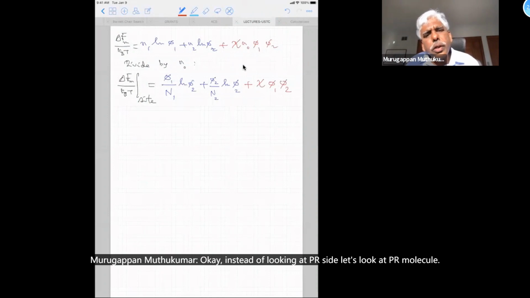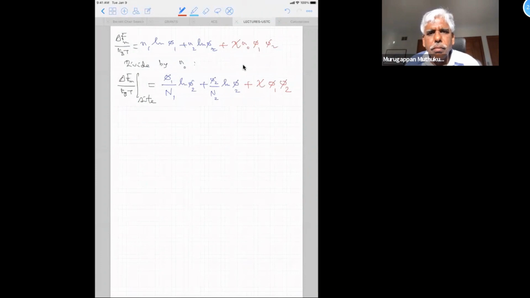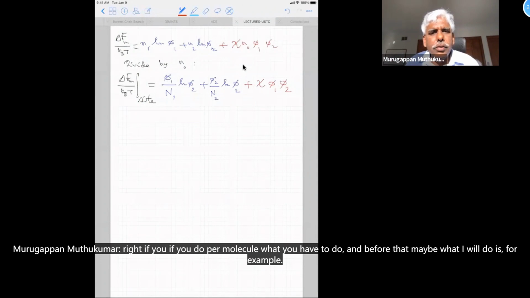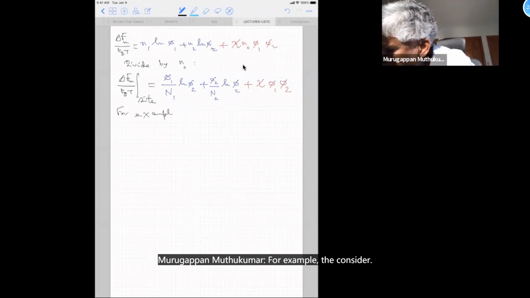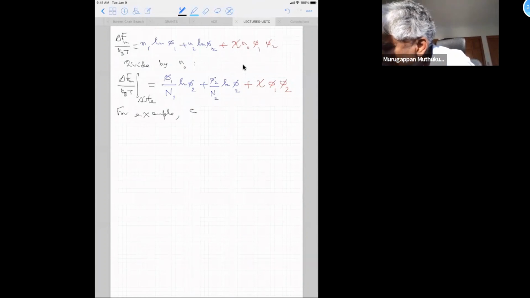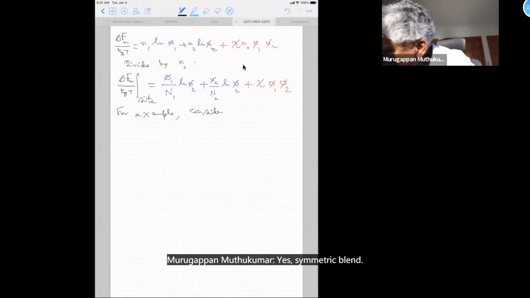Okay, instead of looking at per site, let's look at per molecule. Before that, for example, consider a symmetric blend.